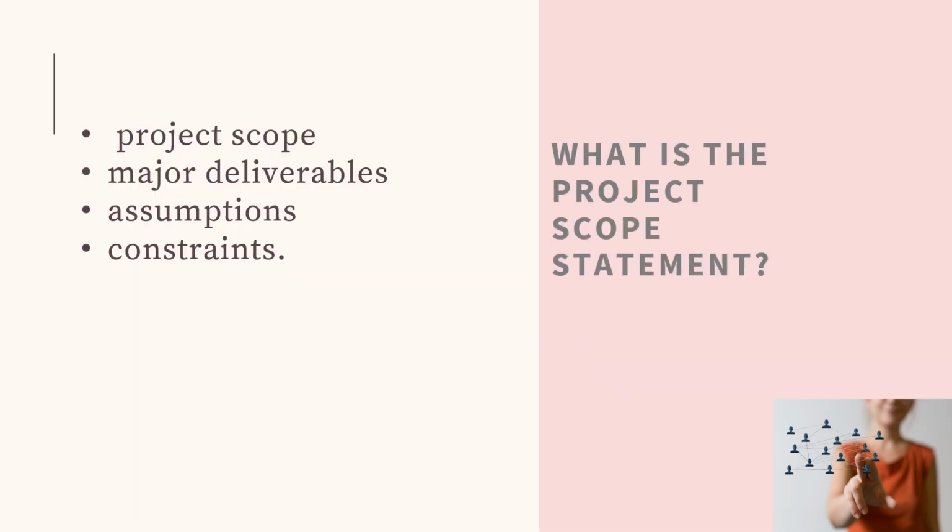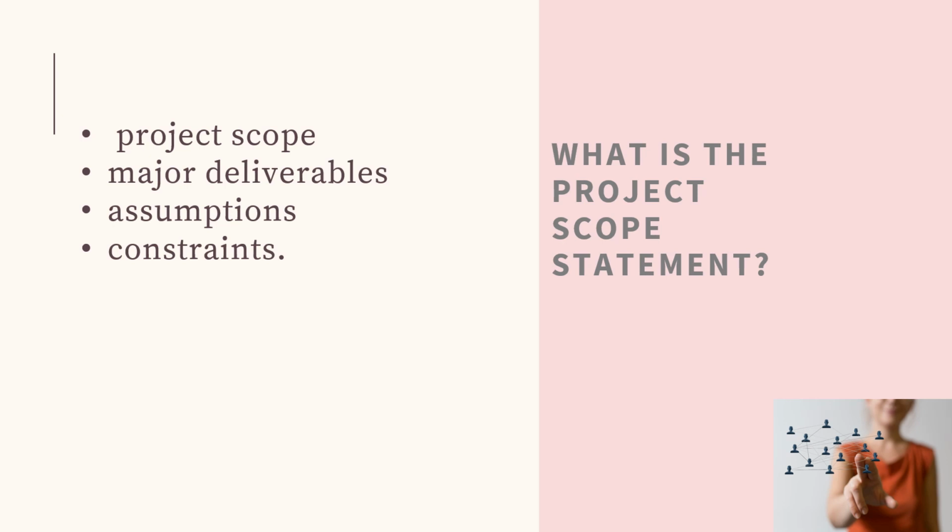Okay. The second document that you're going to be submitting after this module is the project scope statement. The project scope statement is a description of the project scope, how big it is, what its coverage is, its major deliverables, assumptions, and constraints.